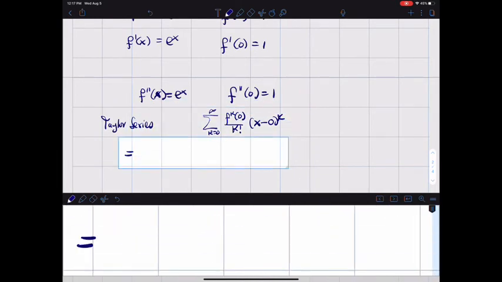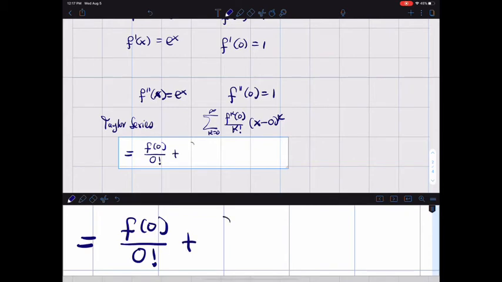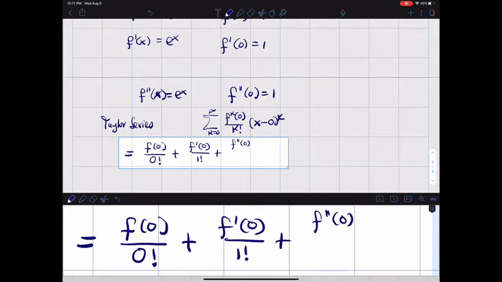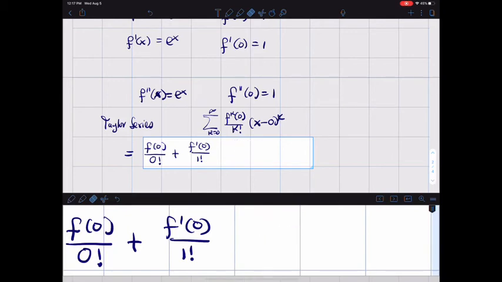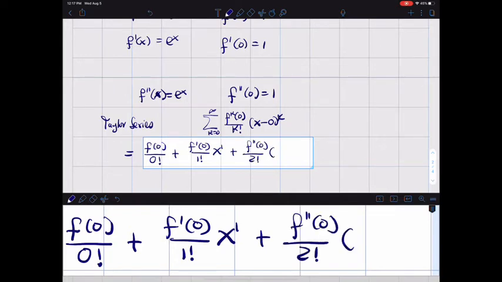So we just have f of 0 over 0 factorial plus f prime at 0 over 1 factorial, I have to multiply by x, right, to the power of 1, plus f double prime at 0 over 2 factorial times x squared.